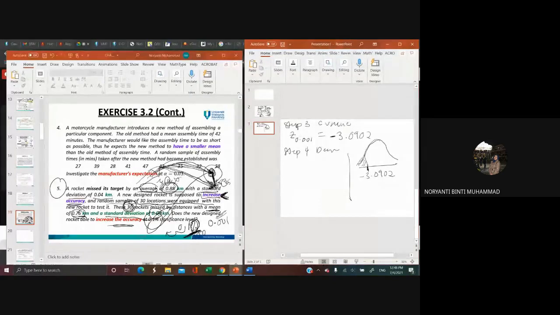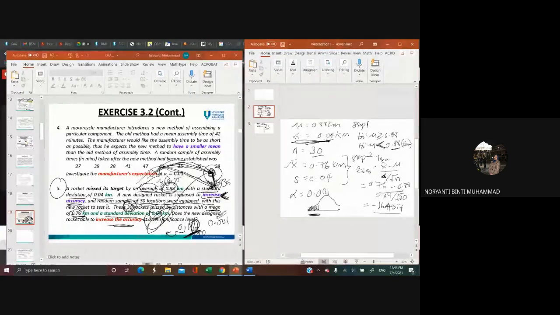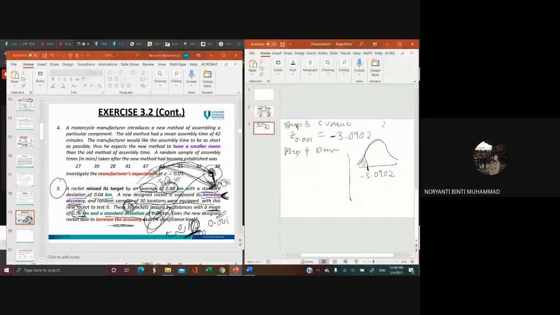Now look at your Z-test. What is the value? Negative 16.4317. If you look at this value, is it at the dark side or the bright side? Dark. So when it's at the dark side, what should you do? Reject H0.